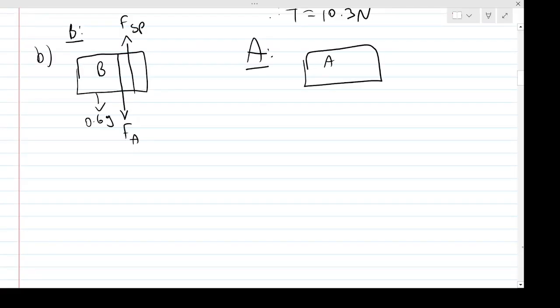Now A has a weight by its own accord, pulling it down, that's 0.4 G, because the mass of A is 0.4 kilograms.